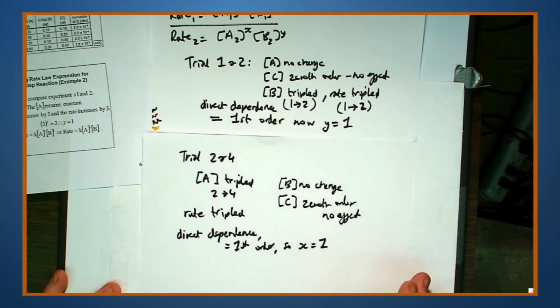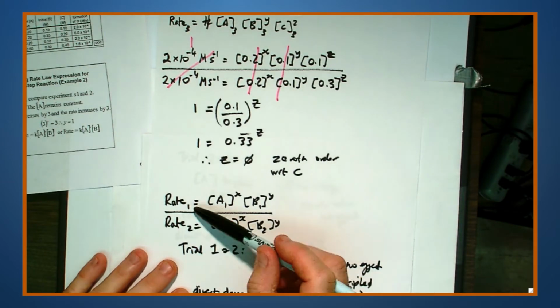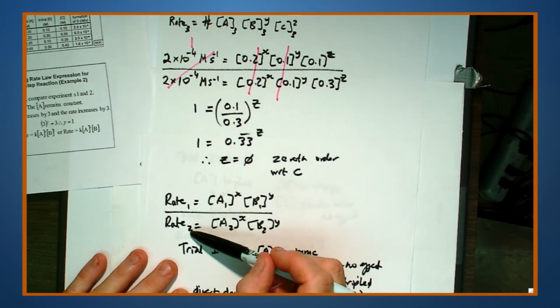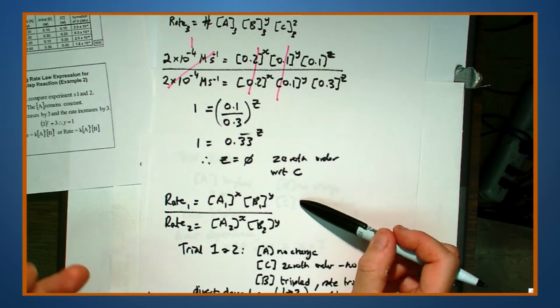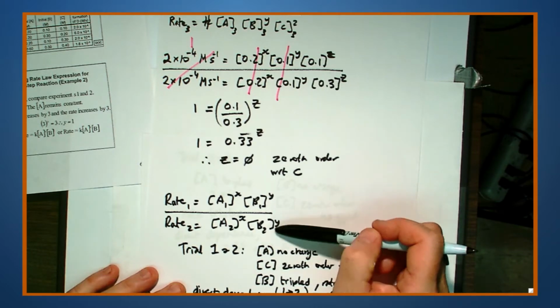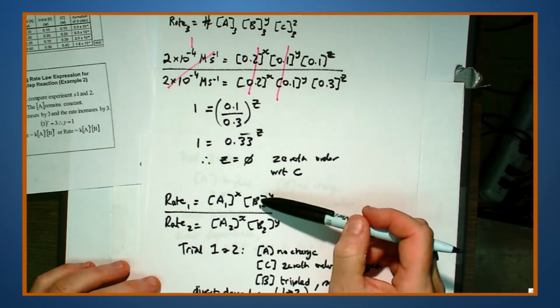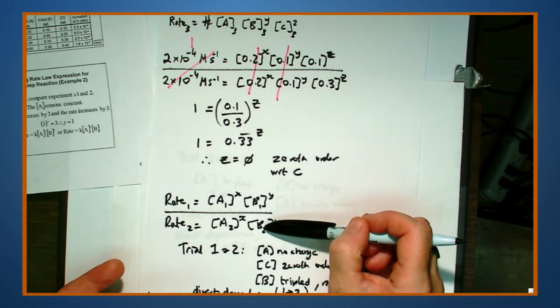So now we know all of the orders. And again, if you wanted to, you could do something like you have here. We can write out the rates for 2 and 4. Once again, we don't have anything here because C is to the power of 0. We would now know that this is 1. And it turns out if we pick trials 2 and 4, both of these numbers were the same, so it cancels anyway.